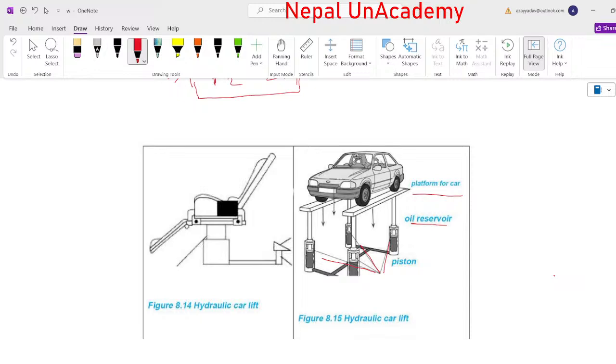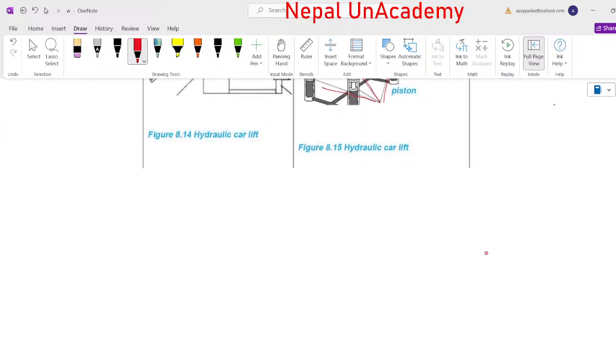That is how a hydraulic machine lifts up the chair or the car. That's all. So now we have a question. Basically, the question is telling that in a hydraulic lift, the cross-sectional area of the smaller piston and the larger piston.